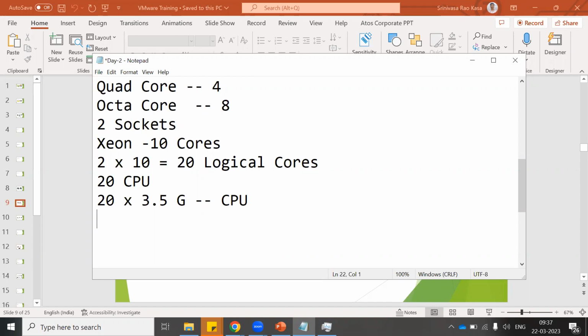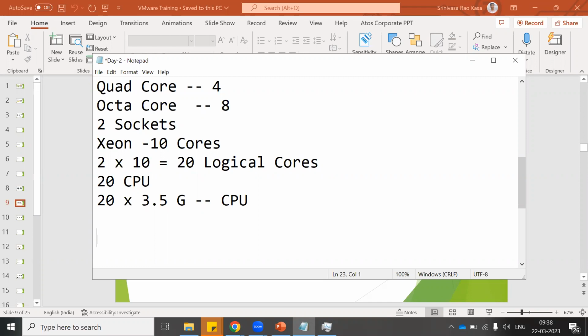The motherboard has a program, which we call the BIOS program. I'm going to showcase this on a Dell PowerEdge server: how to check the BIOS settings and what important parameters we need to cross-check before going for virtualization.